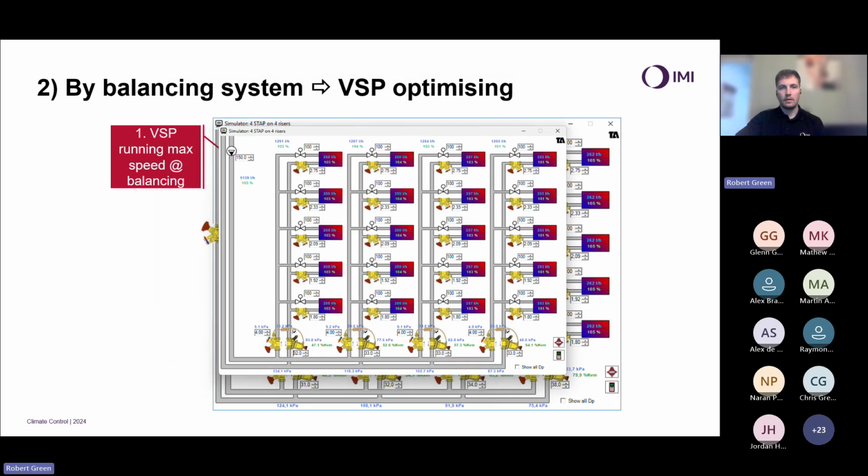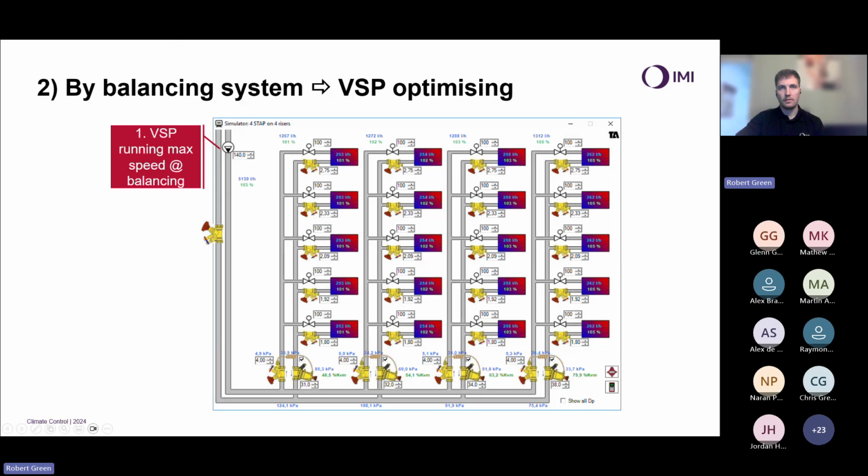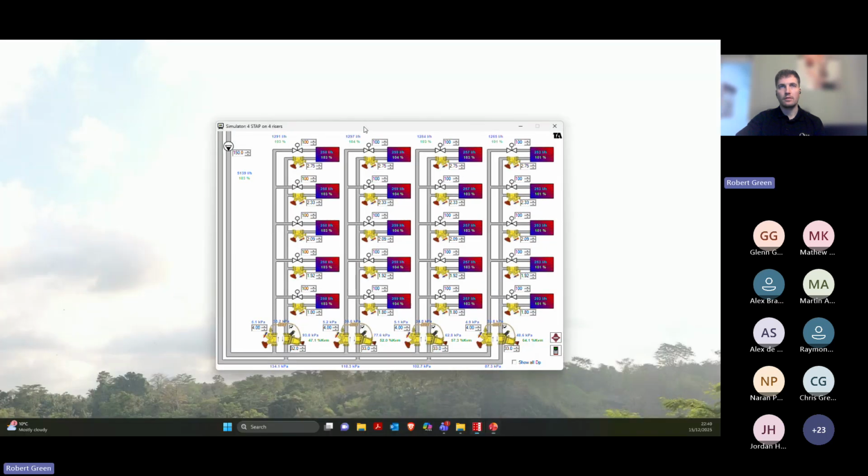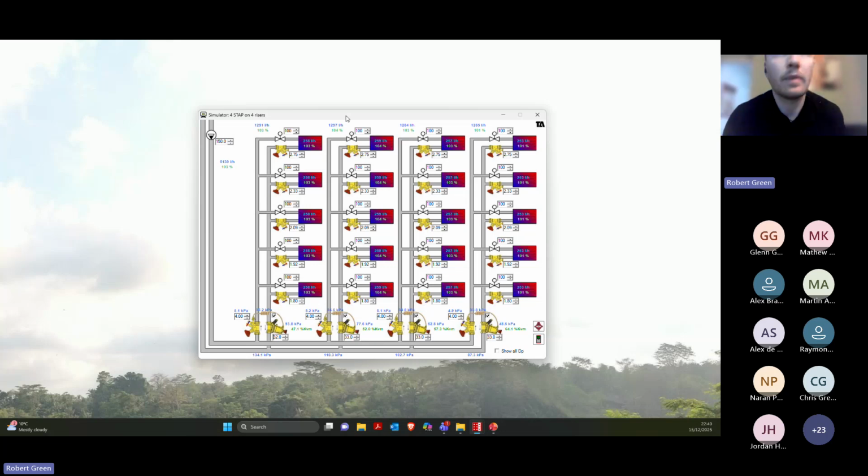In fact, let me close this because it's going to be a bit confusing. So we have my system here. And in this example, we're going to be setting it, and we've adjusted all of my DPCVs. So in fact, let's take them right back down a bit. Let's say they were there.